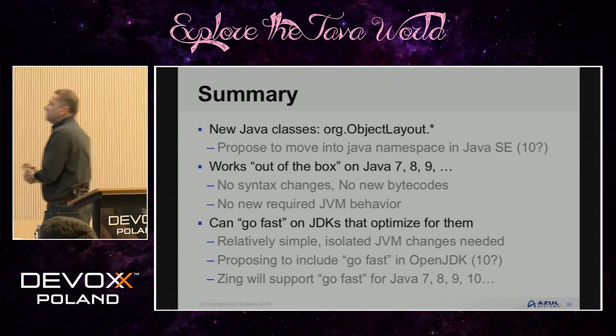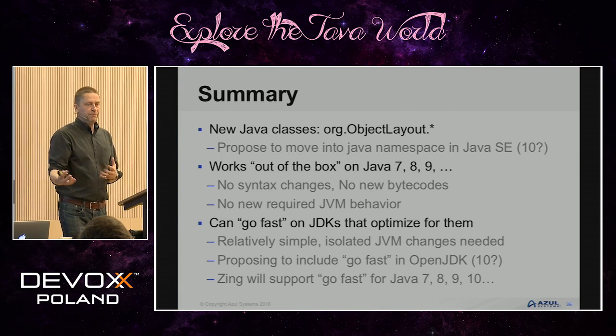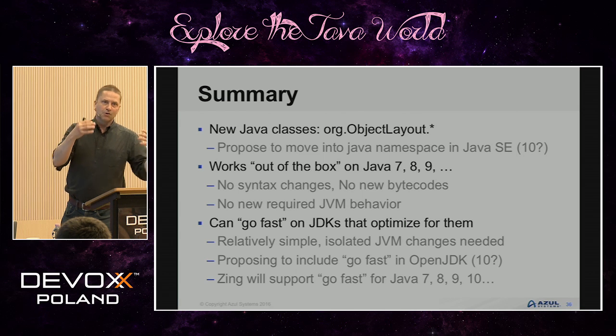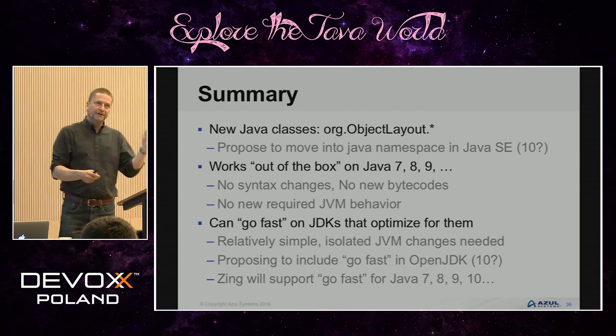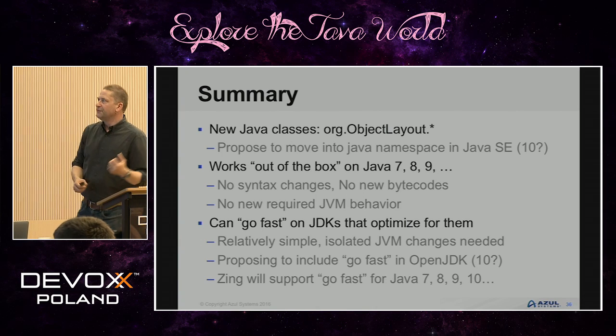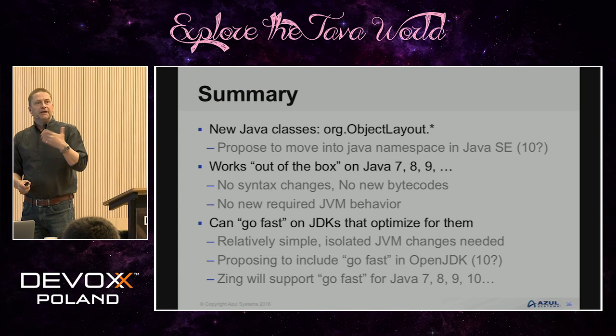So just to summarize then, the idea here is to create a new set of Java classes that give you the ability to have this concept of a struct array. And even though you don't have to do anything significantly different in terms of code, there's a little bit of things with method handles, a little bit of things with calling the factory method for constructing them, then it will work in exactly the same way.